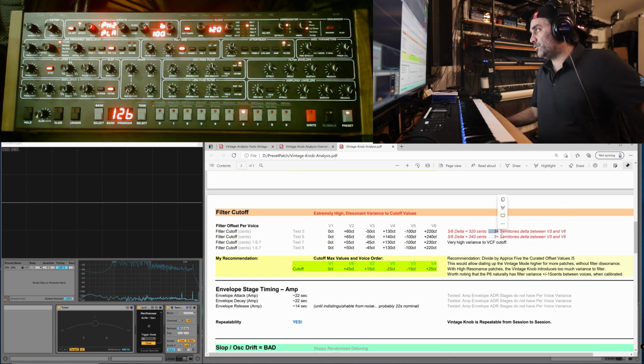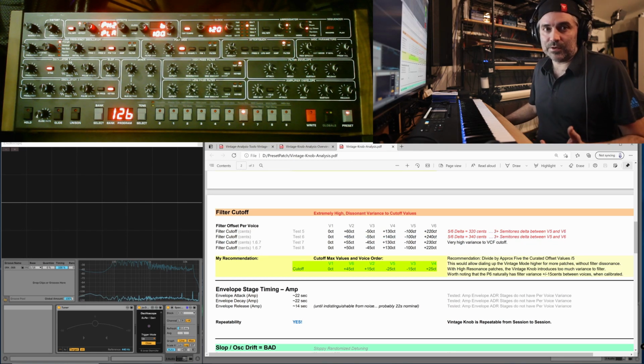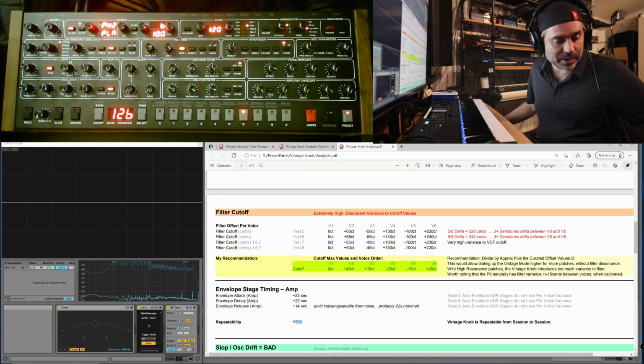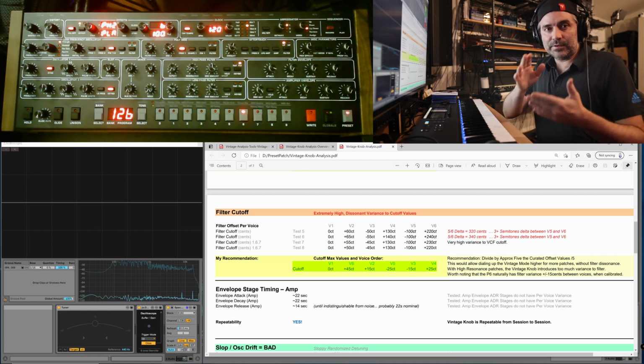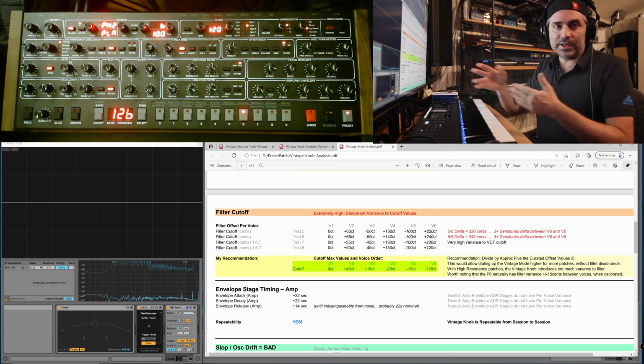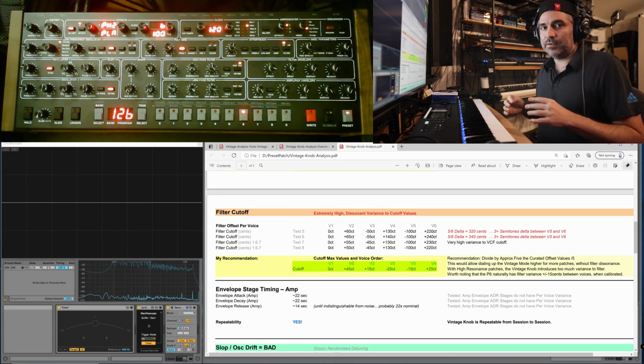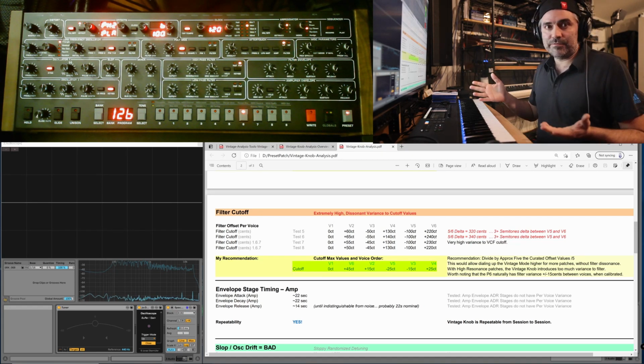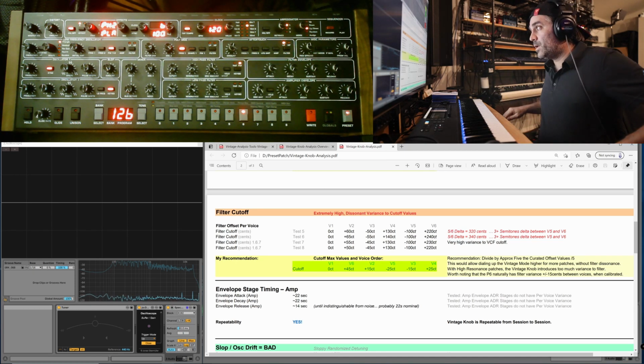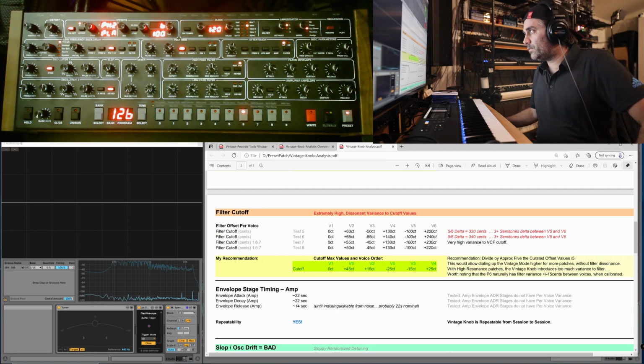That results in so much dissonance and weird sound in patches, especially if you have any sort of resonance going on, or if it's a patch where the filter key tracking is tracking a point above the oscillators, or many other cases. I feel like this is really a limiting factor on the usefulness of the vintage knob, because you get all this weird dissonance.